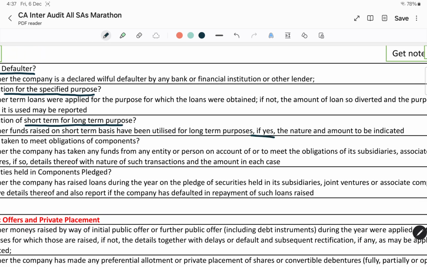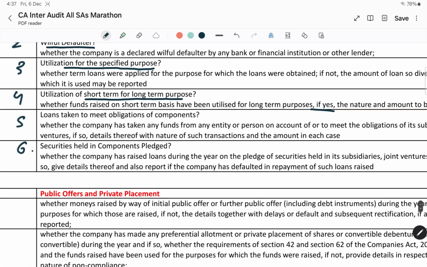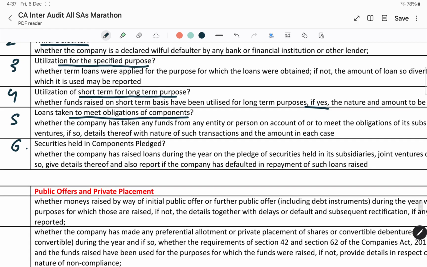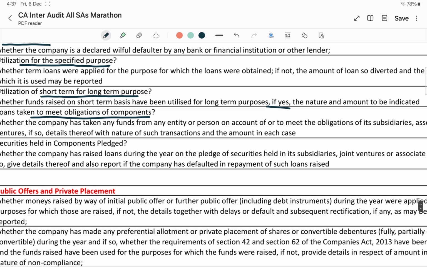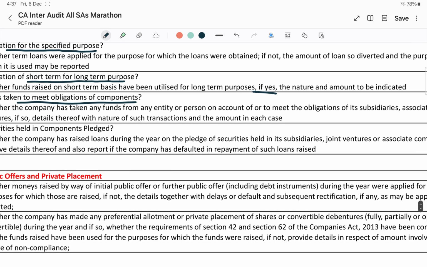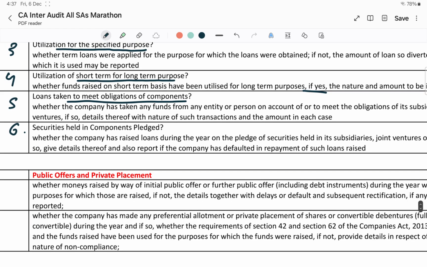If yes, then the nature and the amount to be indicated. Loan taken to meet the obligation of the component. Whether the company has taken any funds from any entity or a person on account of or to meet the obligation of its subsidiary, associate, or a joint venture. If so, details thereof with the nature of such transaction and amount in each case.